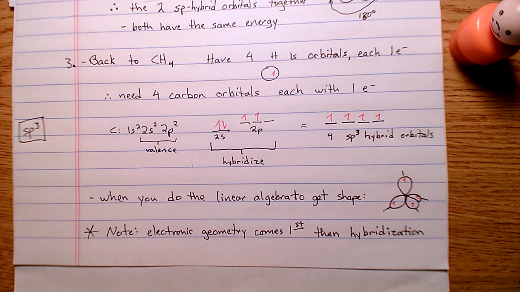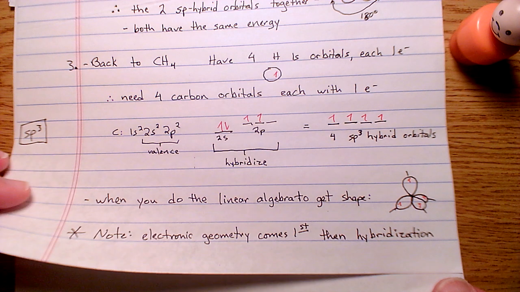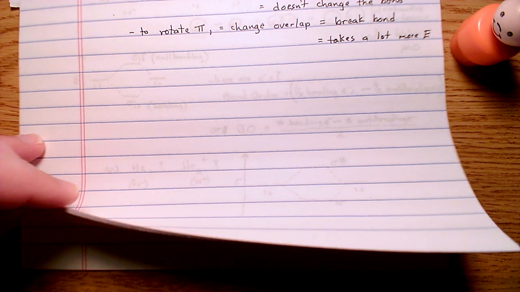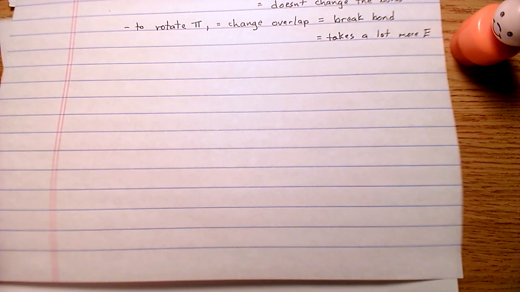Because that's the only way to get a tetrahedral geometry with these orbitals that are not normally 109.5 degrees apart. They're normally 90 degrees apart. The only way to get 109.5, a tetrahedral shape, is with sp3 hybridization. So the shape comes first, then once you see the shape, you know the hybridization.